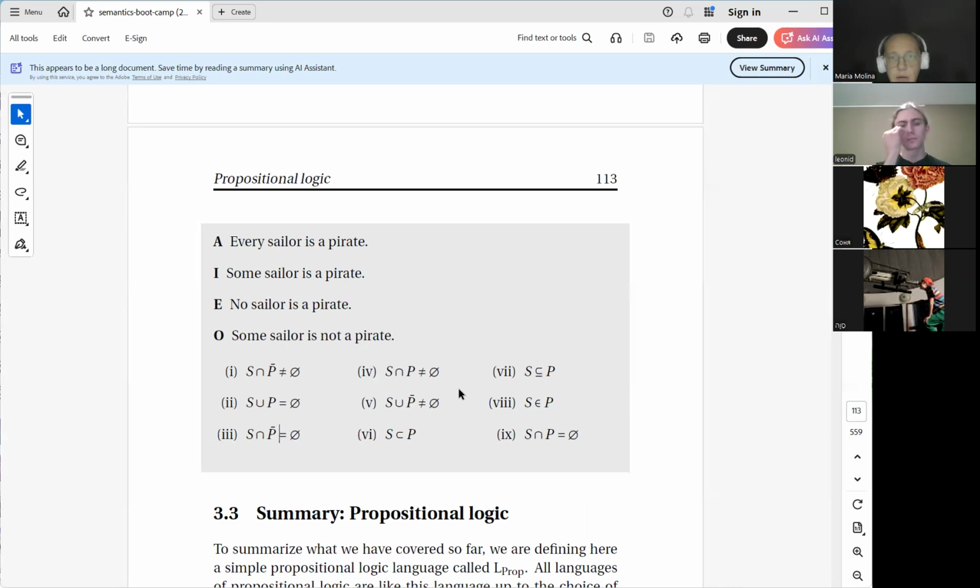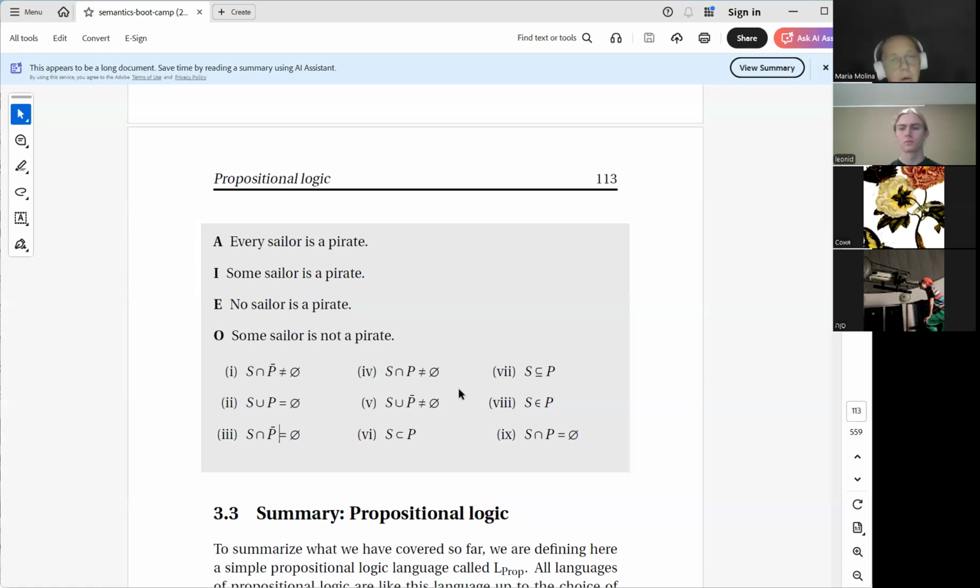So the intersection between the two sets is not empty, but the intersection between sailors and non-pirates, not three fits.